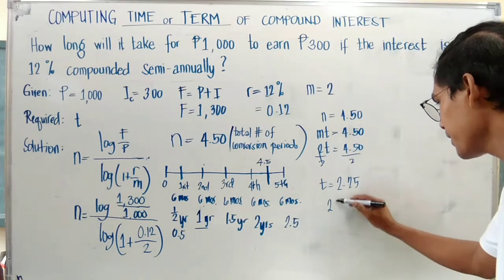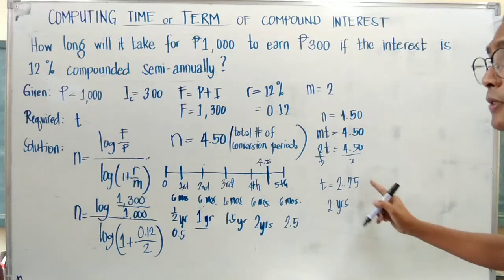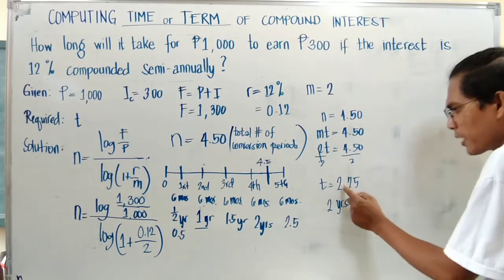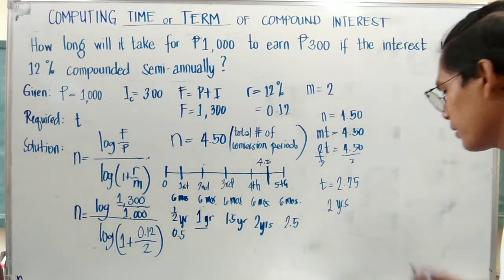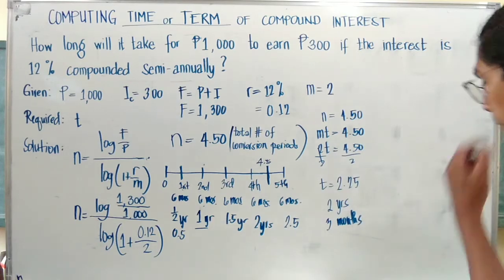Or shall we say 2 years and 0.25 or 1/4 of a year, or you can multiply 0.25 by 12 to get 3 months.